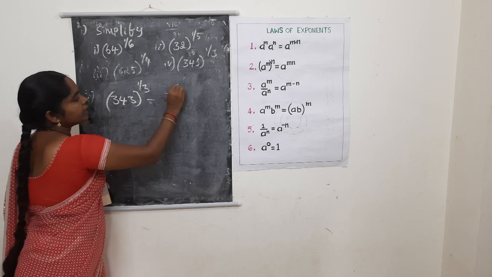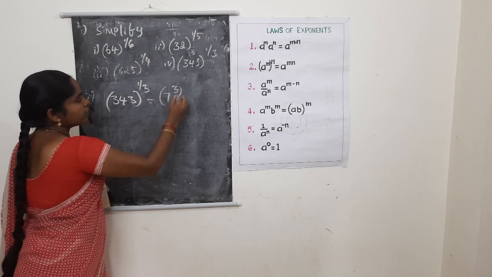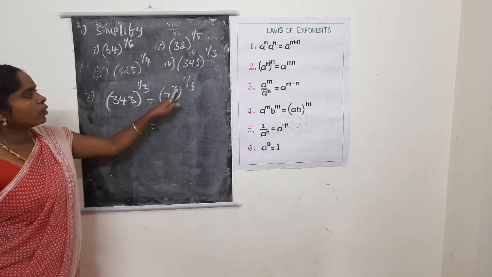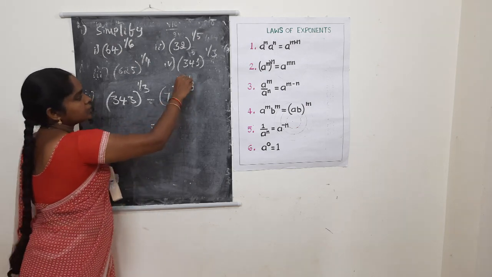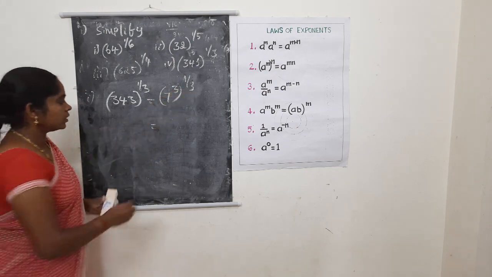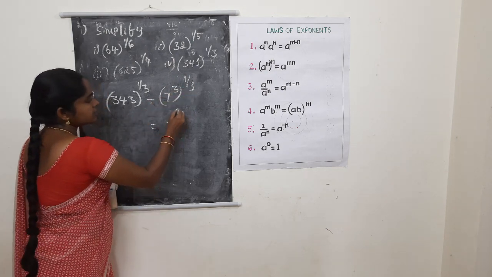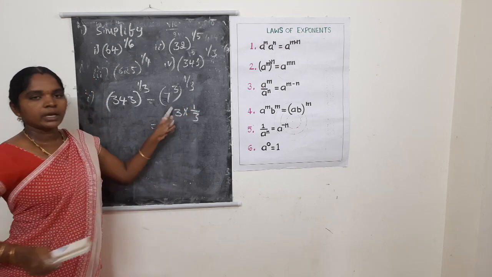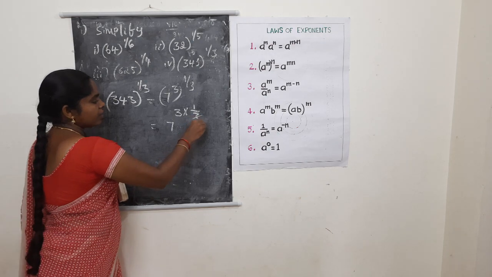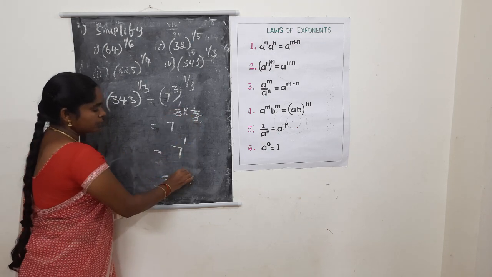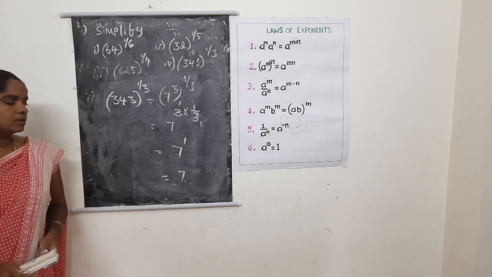So this can be written as (7 power 3) whole to the power of 1 by 3. This is in the form of (a to the power of m) whole to the power of n. So this can be written as 7 to the power of 3 into 1 by 3, the product of exponents. This value cancels, so 7 to the power of 1, and 7 to the power of 1 value is 7.